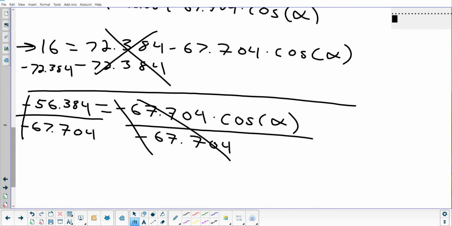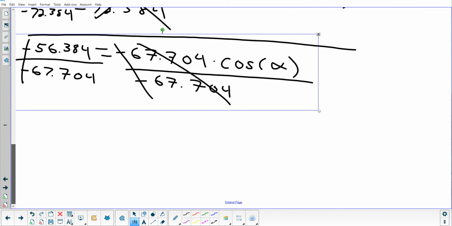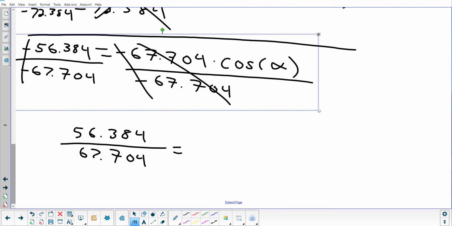Don't worry about doing that out. I would just leave 56.384 divided by 67.704. The less rounding you do, the better. So 56.384 divided by 67.704 equals cosine alpha.